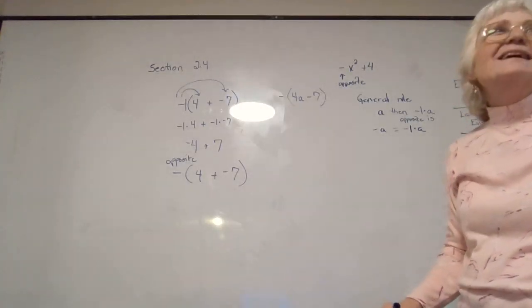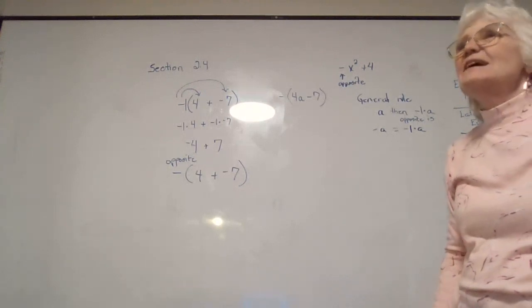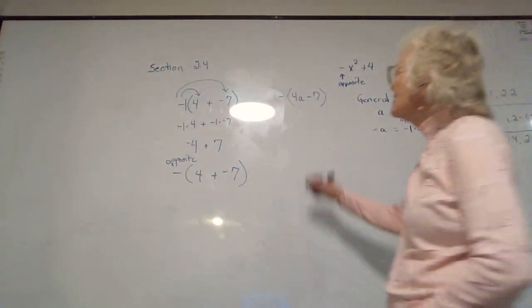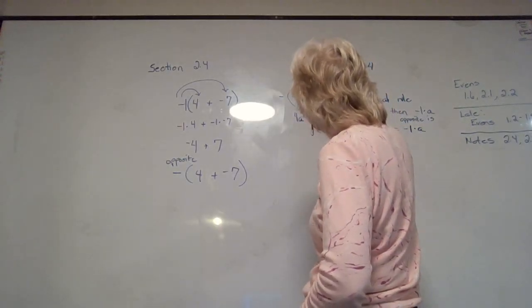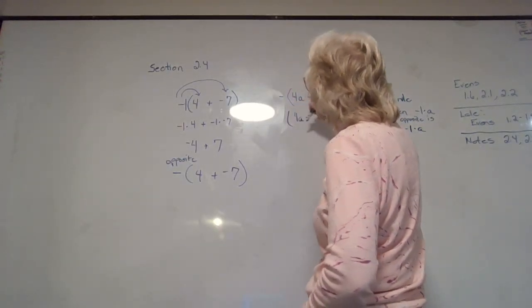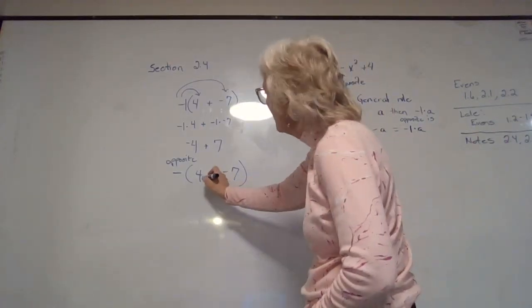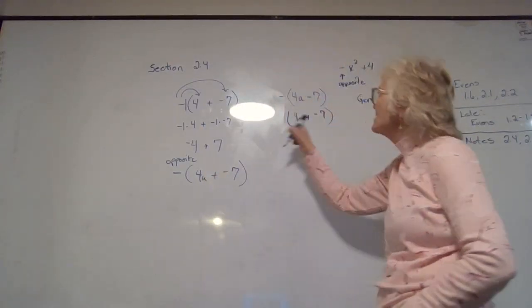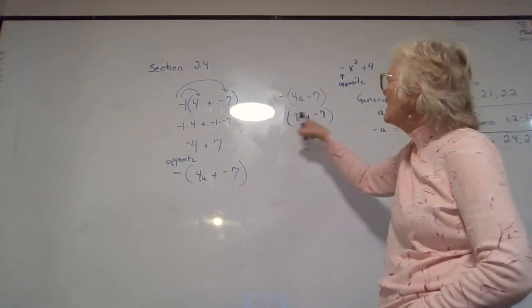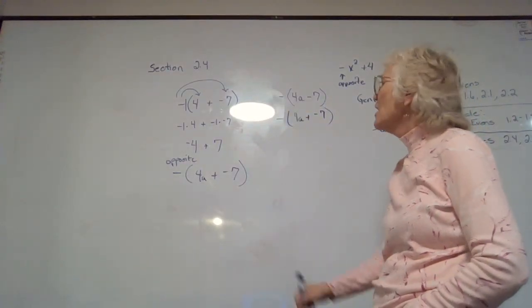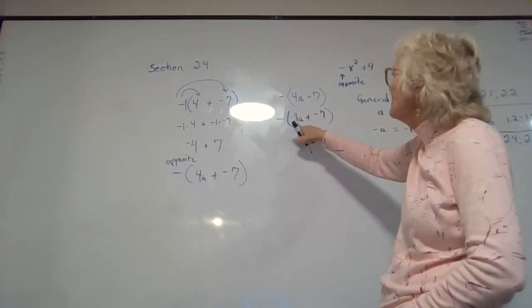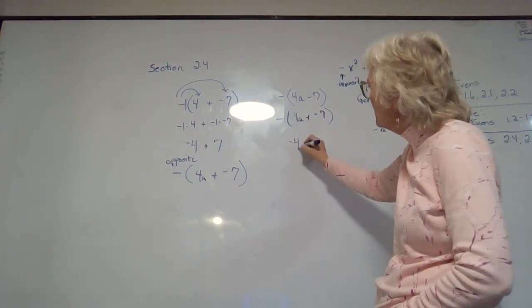It's the same as adding the negative. So here, that is 4a plus a negative 7. This is just a different way of writing the same thing. And if I take the opposite, it would still be the opposite of 4a, which is negative 4a.